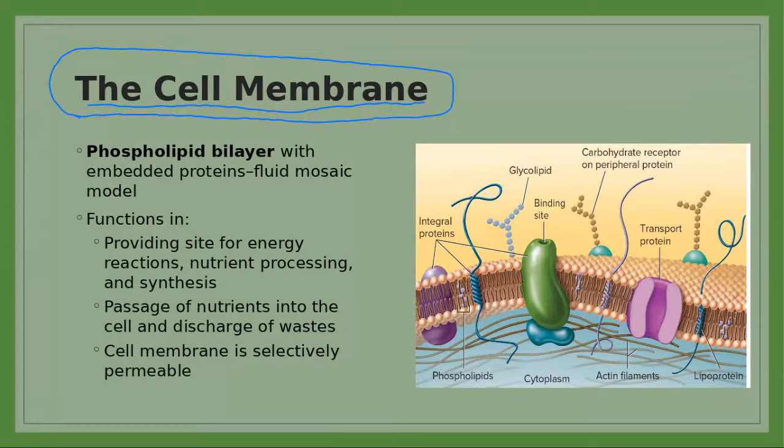Cell wall is only present in bacteria, plants, algae, and fungi. Protozoa and animals do not have a cell wall. But all of them have a cell membrane. So the cell membrane is the layer present in all types of cells.